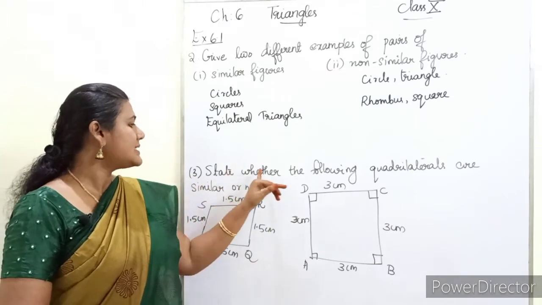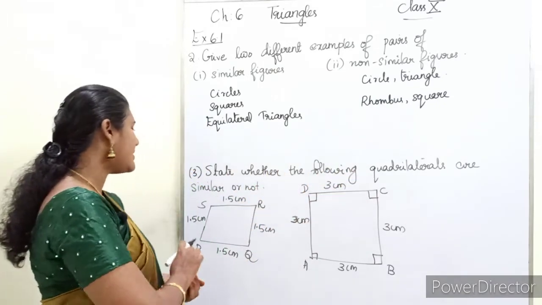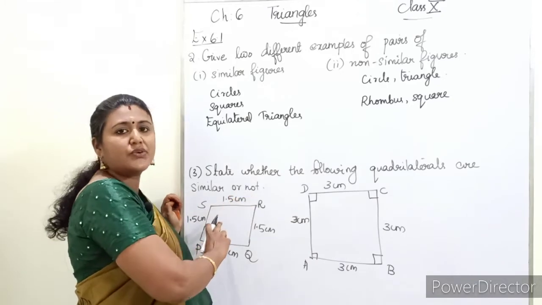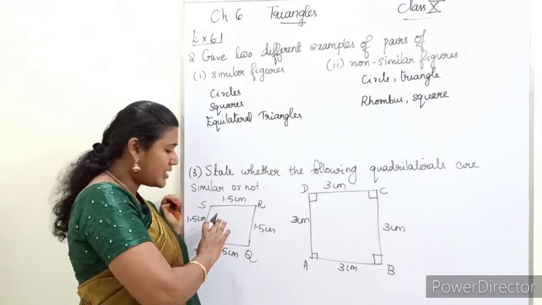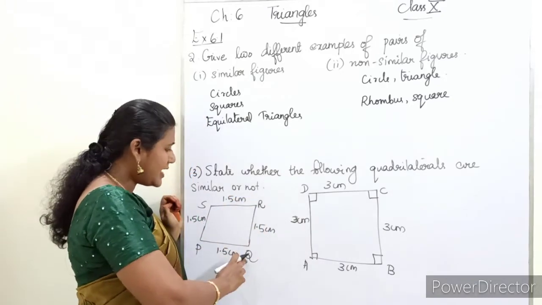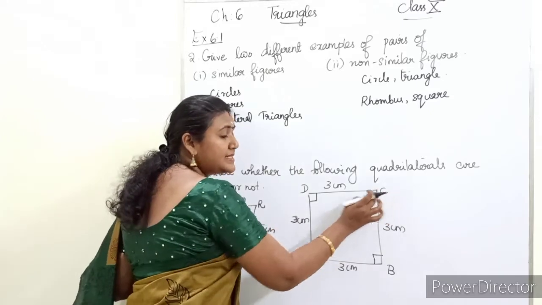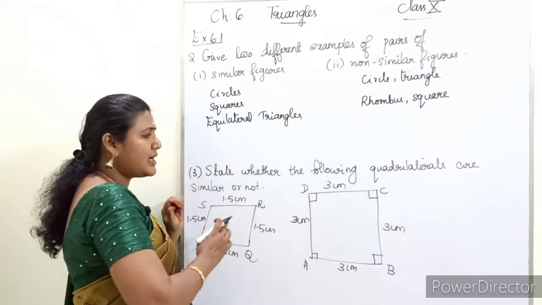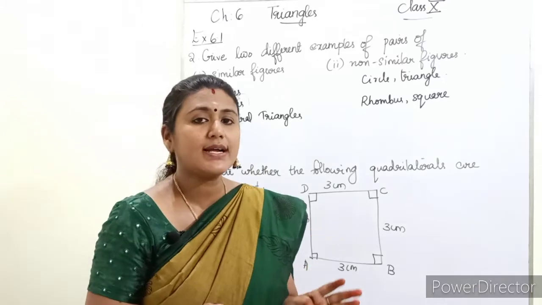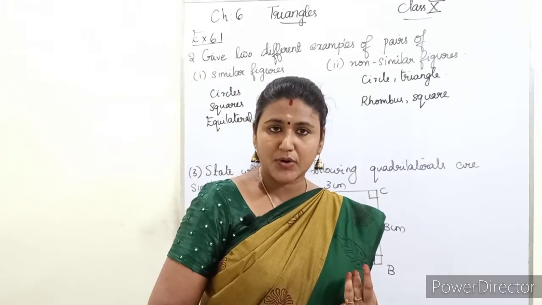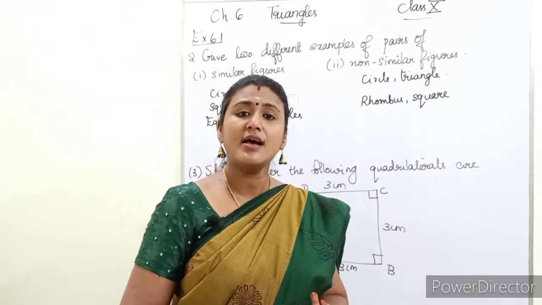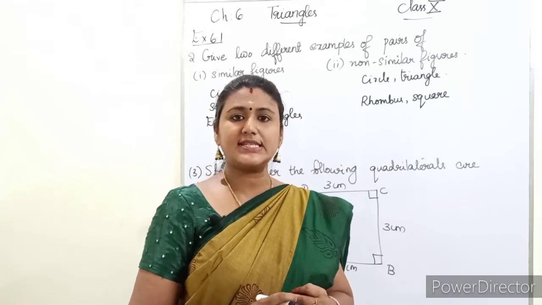Question number 3, state whether the following quadrilaterals are similar or not. So here in this question we are given two quadrilaterals PQRS and ABCD. We can say two polygons are similar if their corresponding angles are equal and the corresponding sides are in the same ratio.